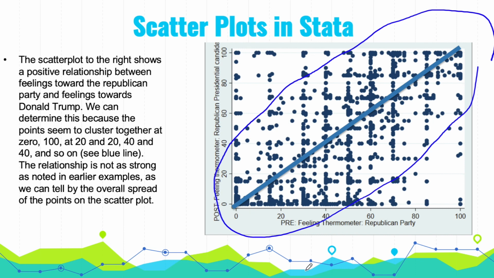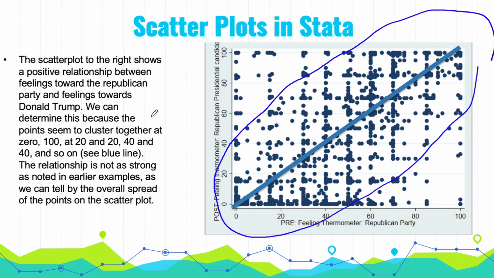What we know from living in our social lives is that feelings towards political candidates don't always align with feelings towards the political party that they represent. But we would expect that generally, folks that feel positively about a political candidate might also feel positively about the political party they represent. But again, that correlation in society is not perfect.